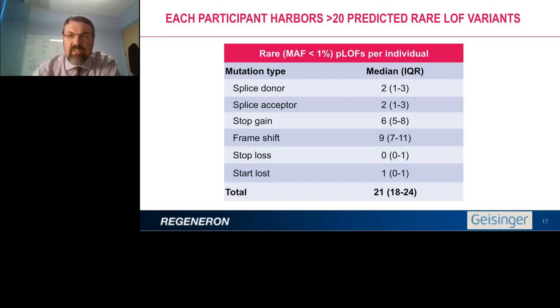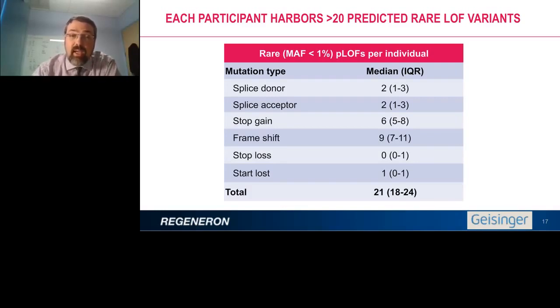So this is an interesting statistic from our data that each participant harbors roughly 20 or so predicted rare loss of function variants. So this gives you some indication of how interesting any given individual might be from the perspective of accruing variants that are likely to have a significant impact on function. We think that these should be rare, of course, because if it was a variant that significantly impacted function, it would be selected against.